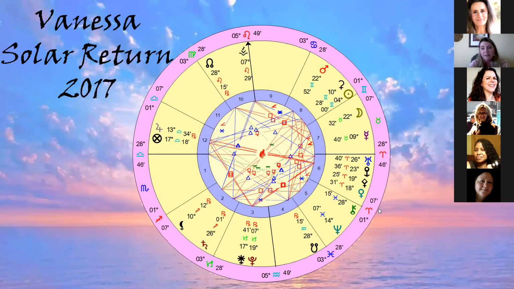Well, guess what? That ruling planet is right there in the 6th house as well. So in the solar return, the ruler of the solar return chart and of her 6th house natally is in the 6th house of the solar return chart. So Venus is telling us some information here, something about work, and it's possibly working with a woman, a female, could be her sister.